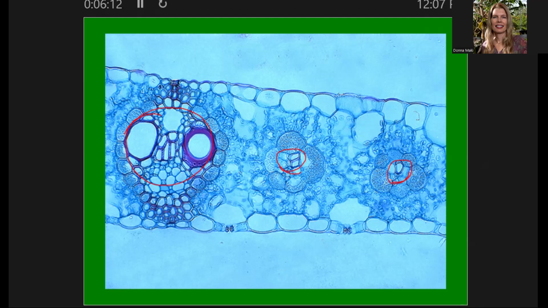Something else you can tell here. What is this ring of cells called? Yes, bundle sheath cells. So do those look skinny or plump?